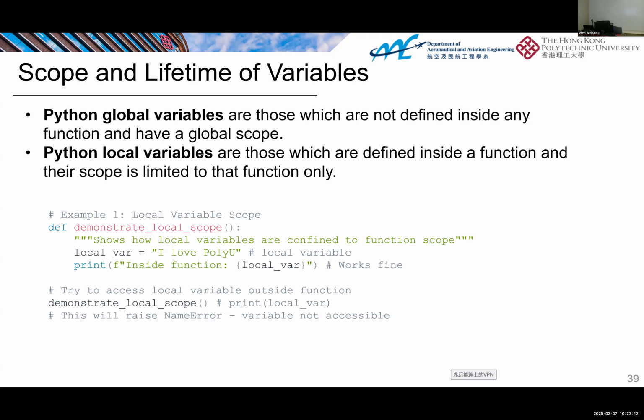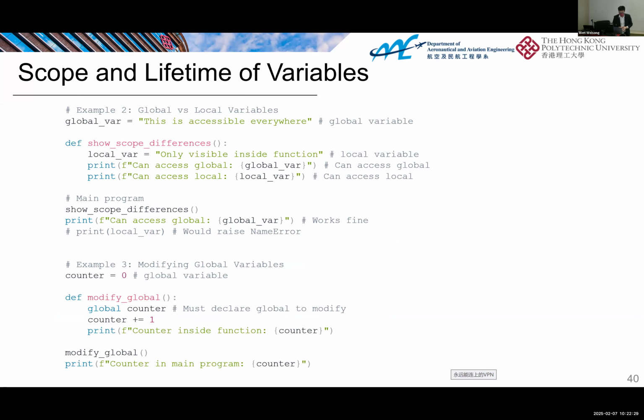So this is the global and local variable. Take the local variable: it cannot be affected from outside.